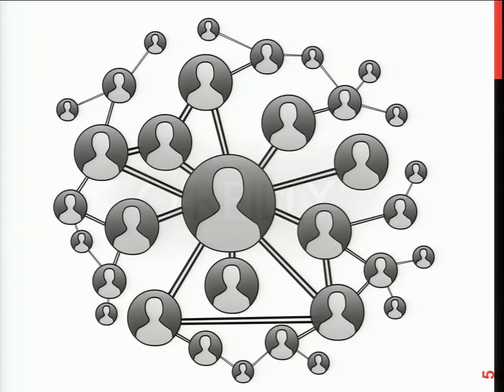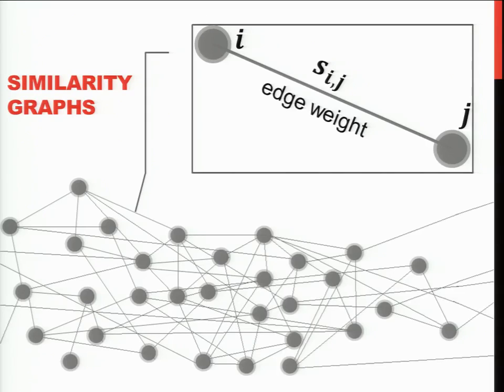Okay. So more generally, you can talk about similarity graphs. You have nodes in a graph, and then you have edges, and the edges are weighted by some positive real number, which tells you how similar those two nodes are. You think of this as a weight on the edge, and the goal is again to find groups or cuts in this graph.